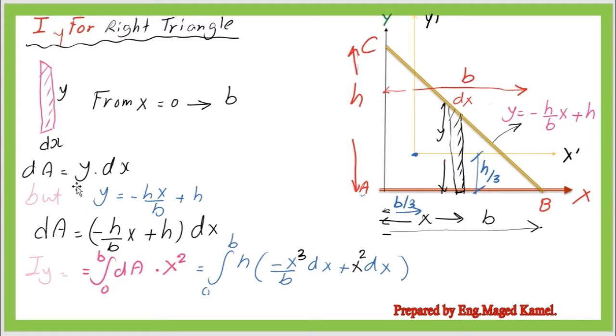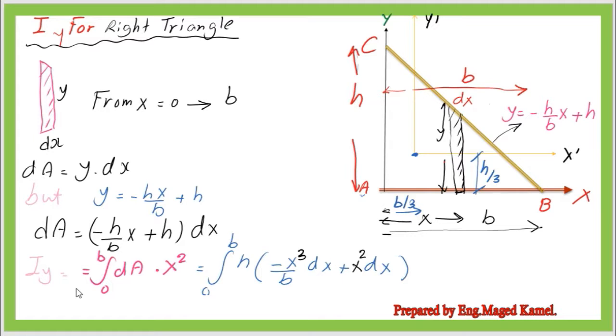Our dA is y multiplied by dx, so we are going to multiply this value, minus h times x over b plus h, by the dx. For our Iy we are going again to multiply this area dA by the horizontal distance squared, which is x squared, and integrate it.